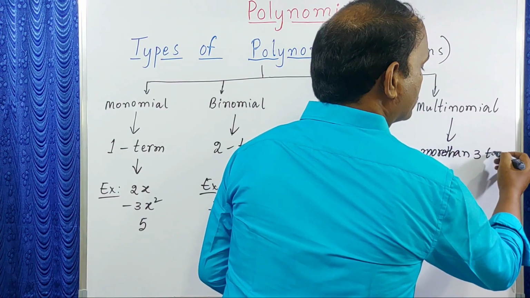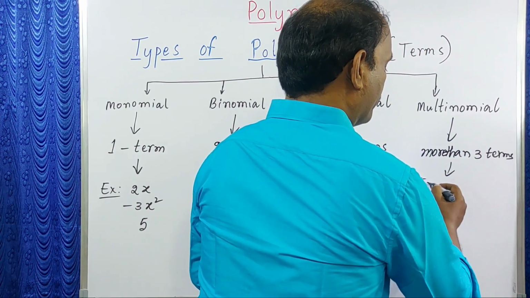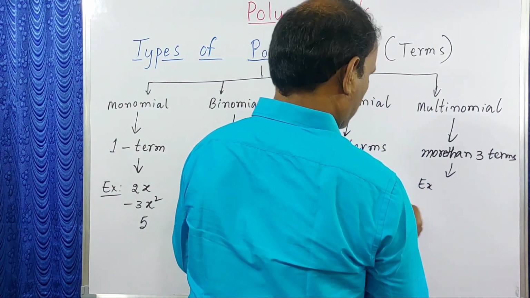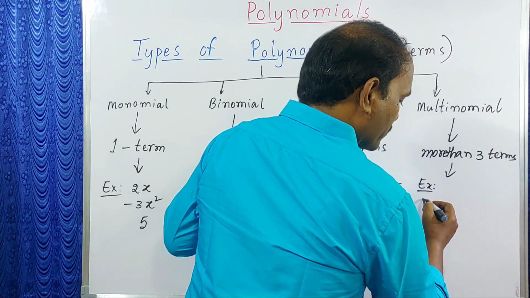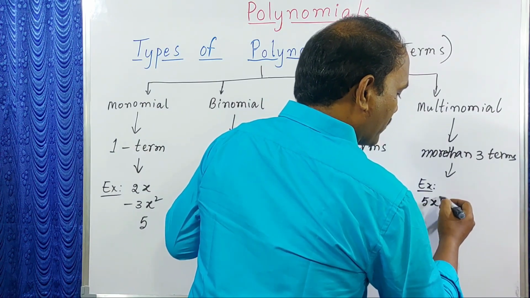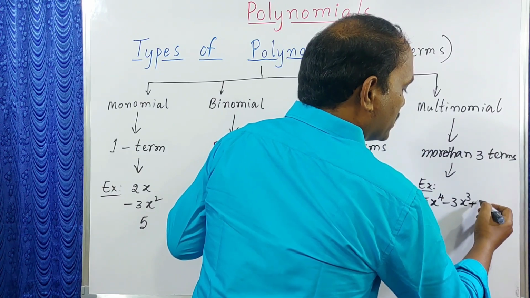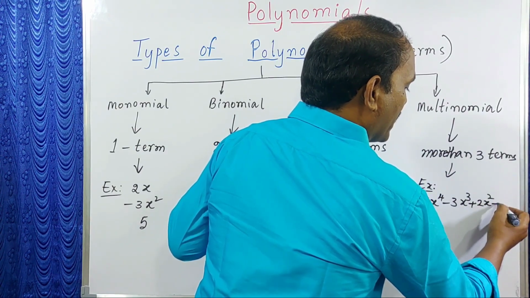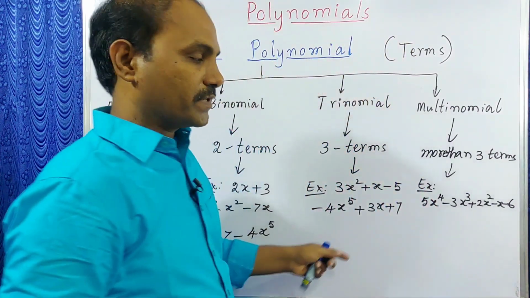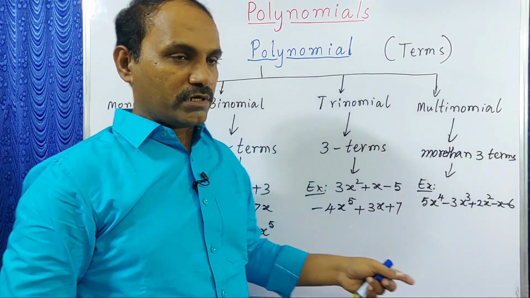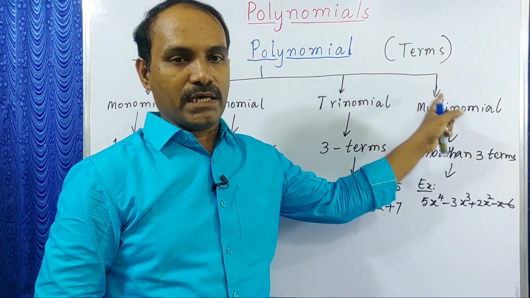Example: 5x power 4 minus 3x cube plus 2x square minus x minus 6. Like this, according to the terms: monomial, binomial, trinomial and multinomial.